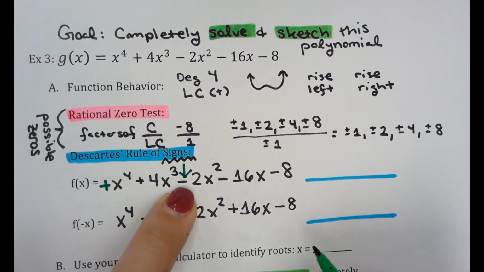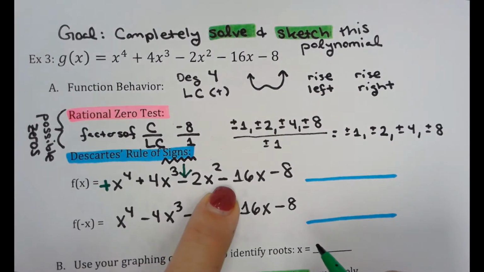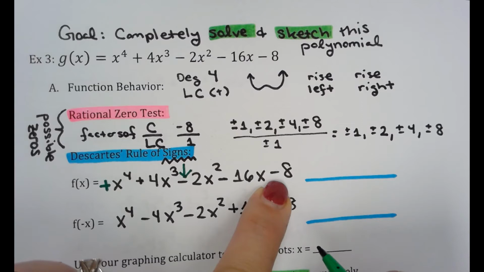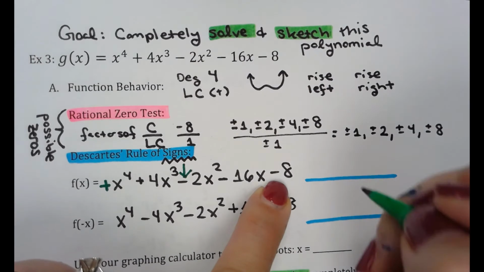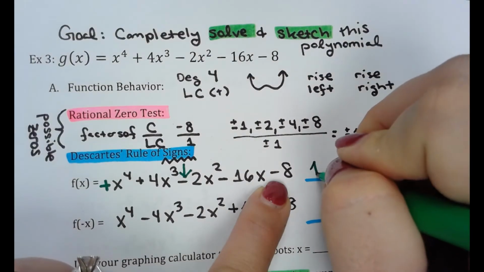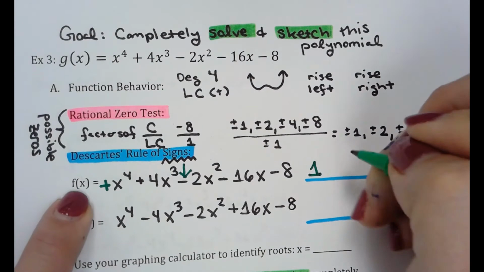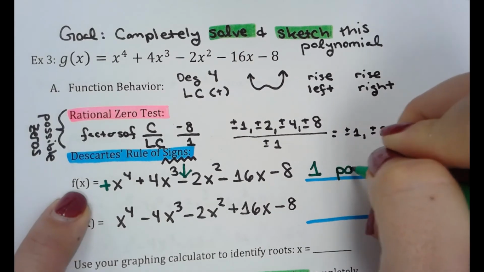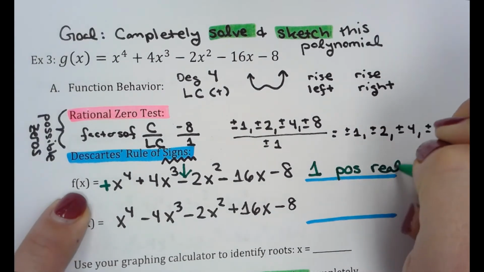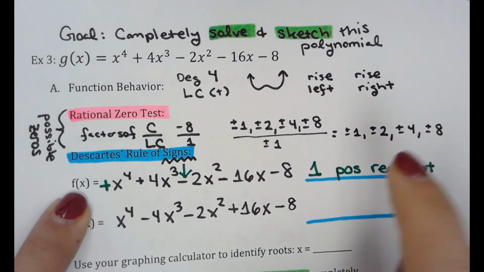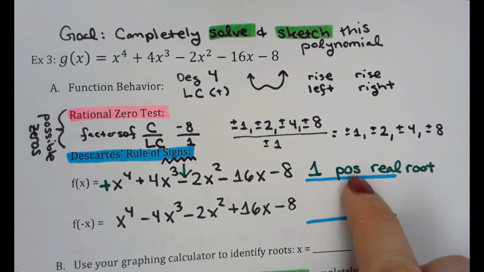Now we are at a negative, the next term stays a negative, and the next term stays a negative. So because I only marked it once, I'm going to write 1. We plugged in +x right there, so we say positive real root. This is really nice to know about our picture, because we only know that there's one possibility of it crossing the x-axis at a positive number.